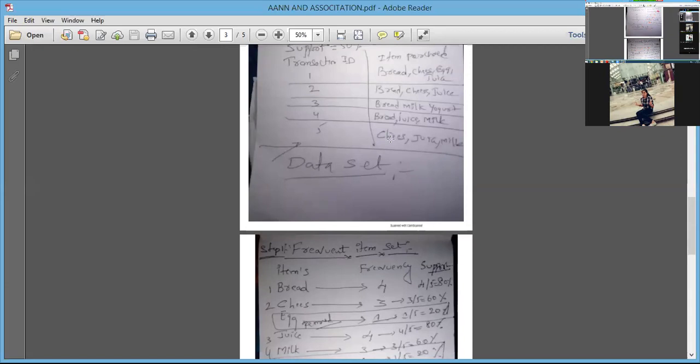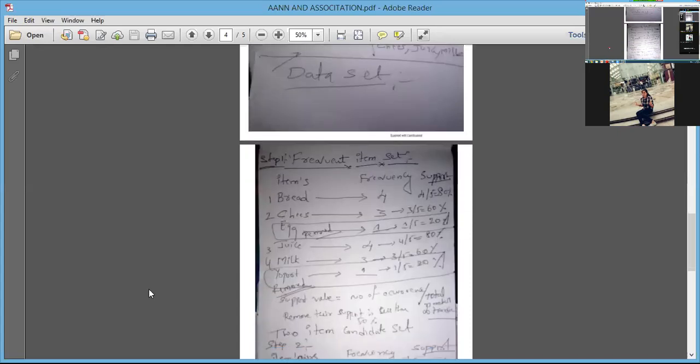Egg is only once. Juice: one, two, three, four. Milk: one, two, three. Milk is three times, and yogurt only once. So now I have all the frequently appearing elements.